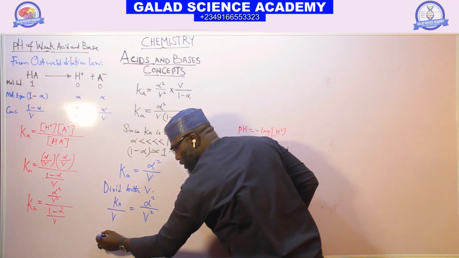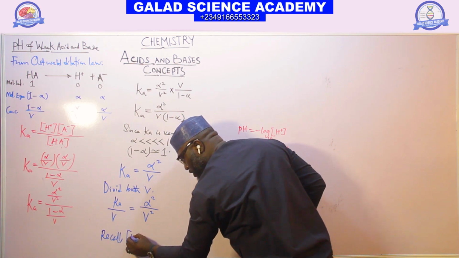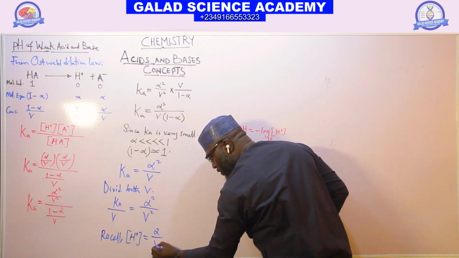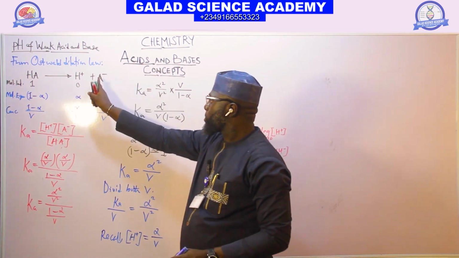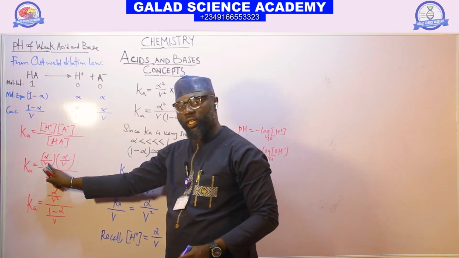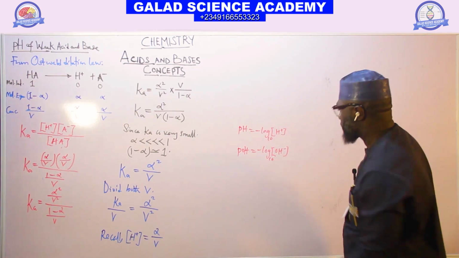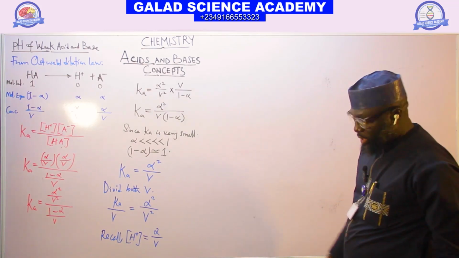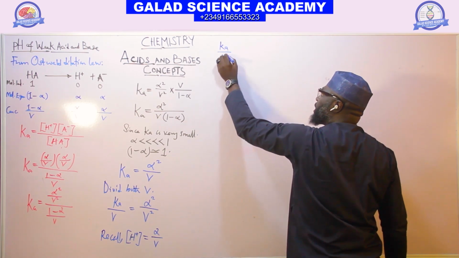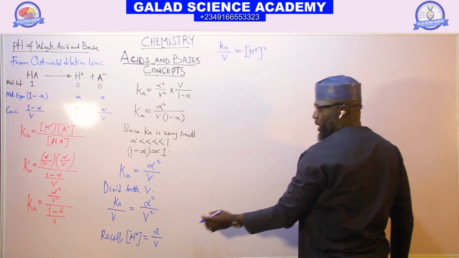Now recall again that the concentration of hydrogen ion is equal to alpha over V. Everything you have there is equal to the H plus. Let us put it here. So this will now lead to Ka over V equal to the concentration of hydrogen ion, everything square.